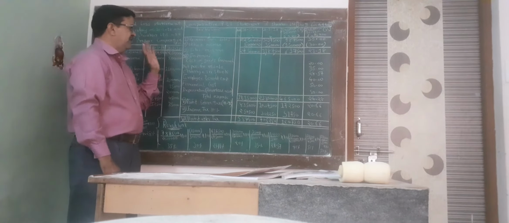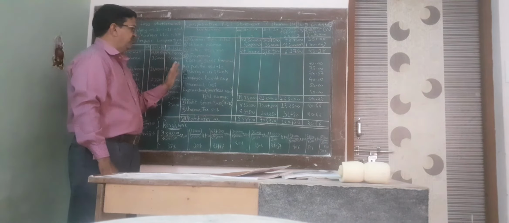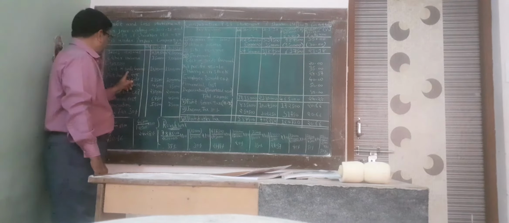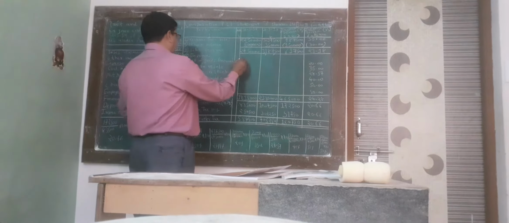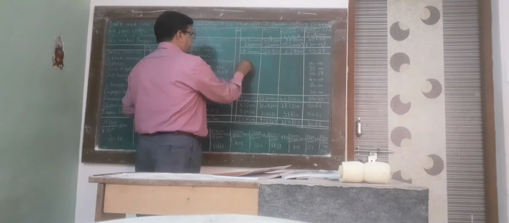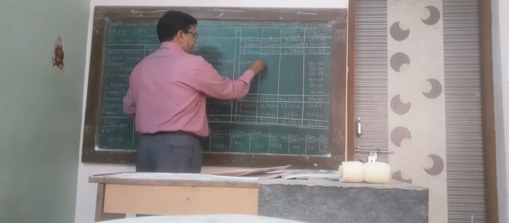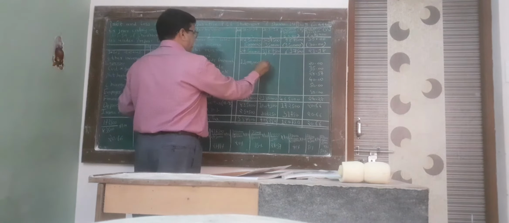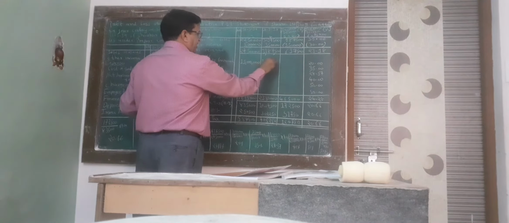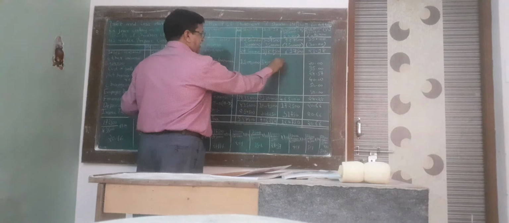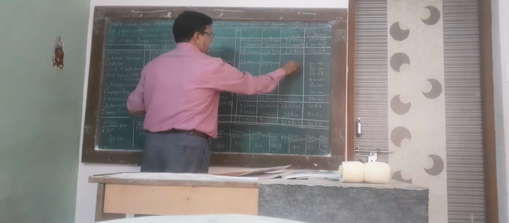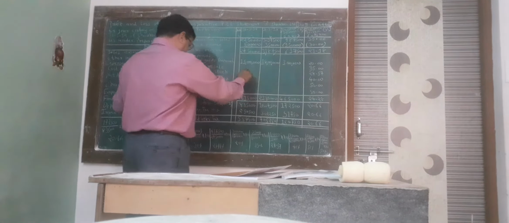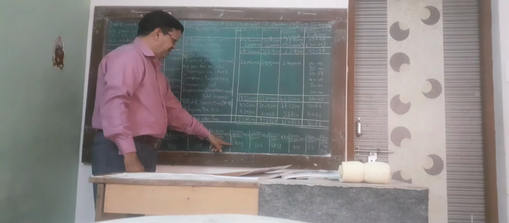Now expenses, cost of goods consumed. Cost of goods consumed is given in 2018 as 15 lakhs and 2019 as 18 lakhs, so there is an increase of 3 lakhs. 3 lakhs by 15 lakhs into 100 is 20%.